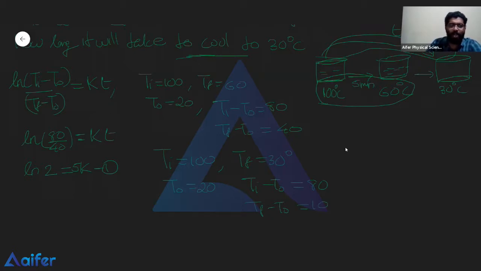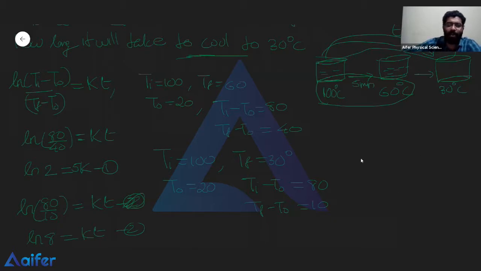If I substitute it in this equation, I will get ln 80 by 10 equal to k times the time taken, which I don't know, that we have to find, so kt. So ln 8 equal to kt. This is equation 2. You can solve 1 and 2.